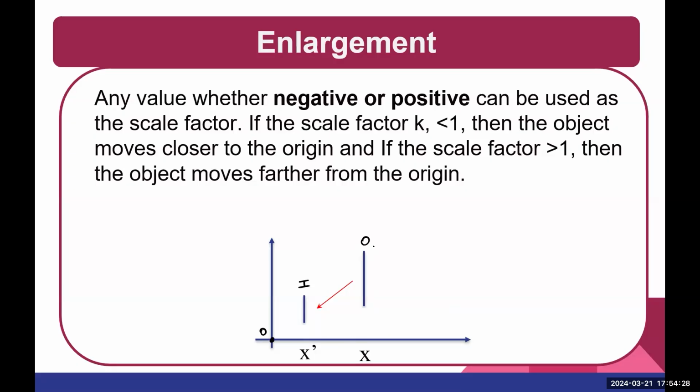So the object is all the way over here, and if it has a scale factor less than 1, it moves closer to the origin until it moves past the origin and then flips.